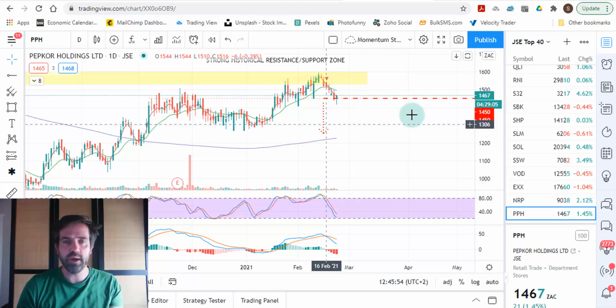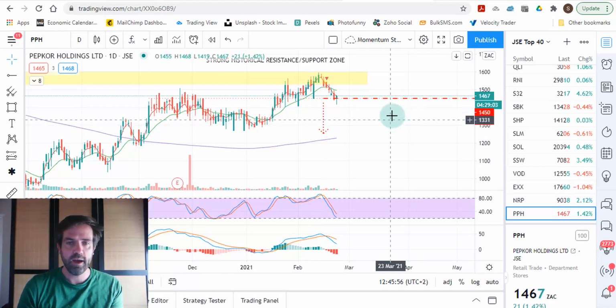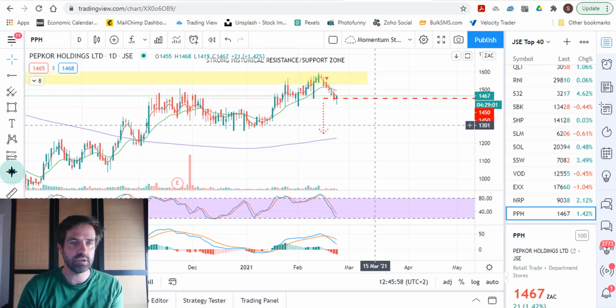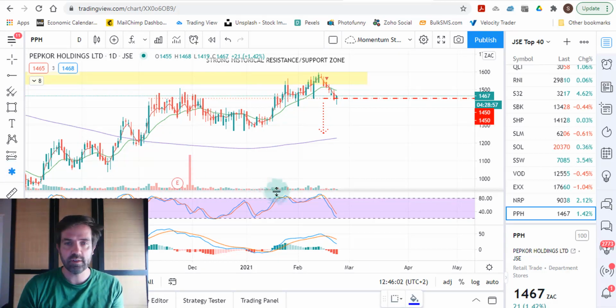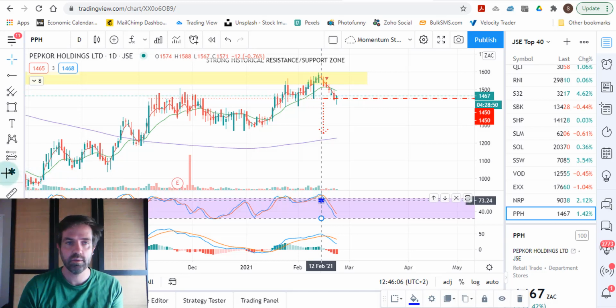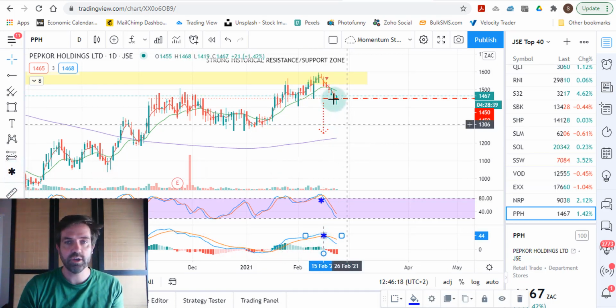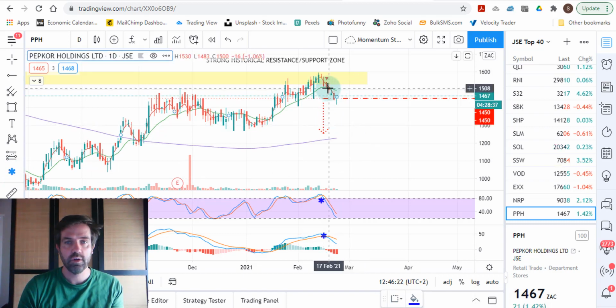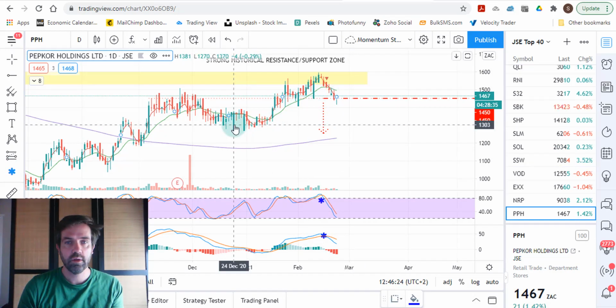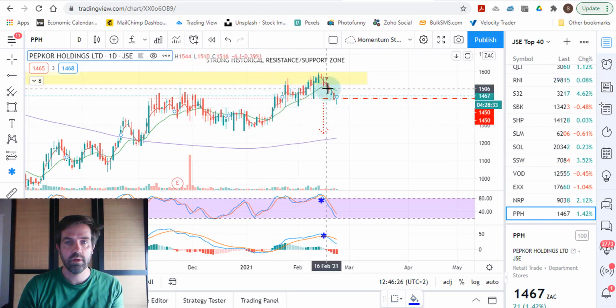So now we have two confirmations for a short position, and now we just wait on the momentum strategy to show us its confirmations. And you can see that the stochastic crossed at this level over here, crossed downwards. The MACD crossed at this level over here, and then finally the exponential moving averages crossed over here.